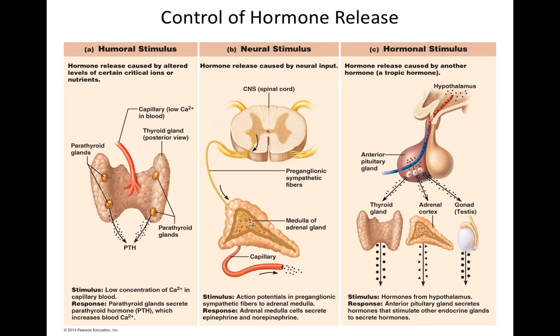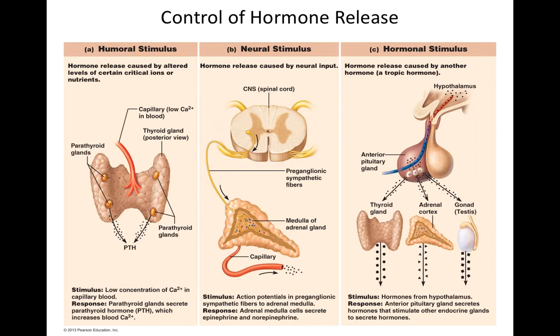So calcitonin, parathyroid hormone, insulin, and glucagon, those all function on the level of something in your blood. So here, parathyroid hormone is going to be released simply when there is not enough blood calcium. And when there's too much blood calcium, calcitonin will be released.